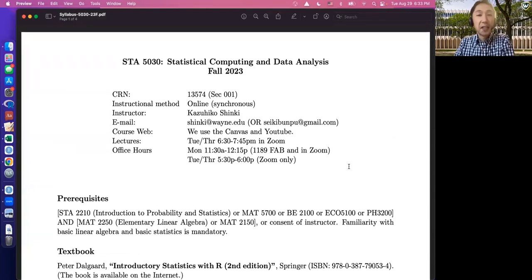Good. This course is an online synchronous class. My name is Kaz, and when you email me, you can use either my Wayne State address or my Gmail address, seikibunpu@gmail.com. This word means normal distribution in Japanese. For the course website we use Canvas, and I will also upload the lecture videos to YouTube.